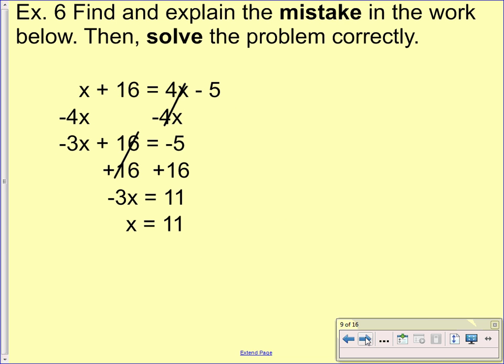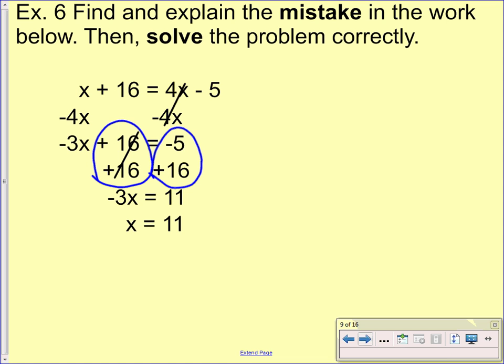Example 6, find and explain the mistake in the work below. Then solve the problem correctly. x plus 16 equals 4x minus 5. First step is done correctly. Minus 4x from both sides, subtraction property of equality. But then the next step, it is already a plus 16, so it should have been a minus 16 on both sides.